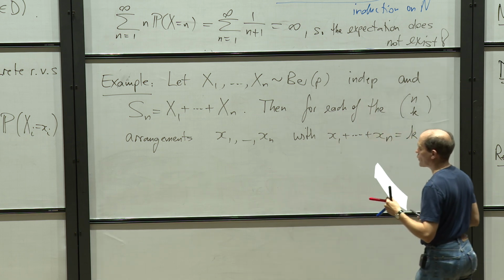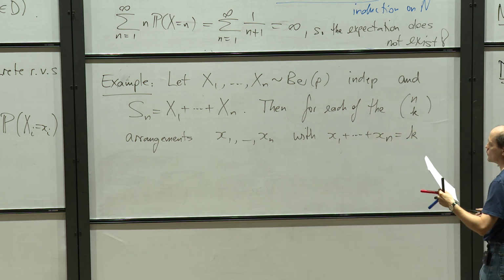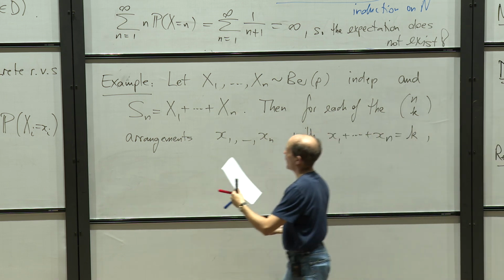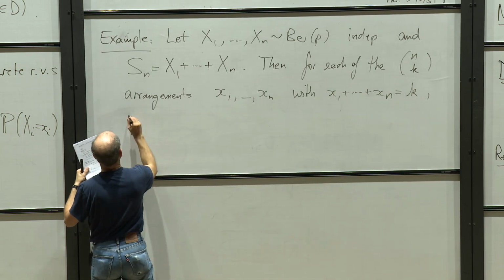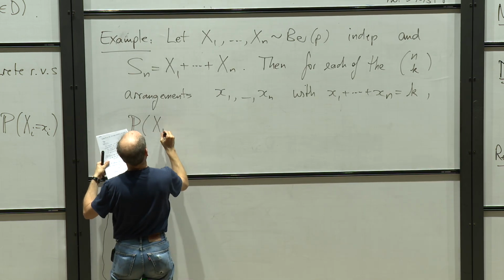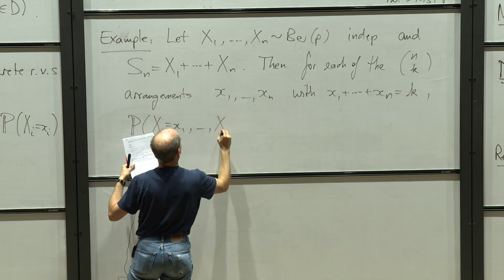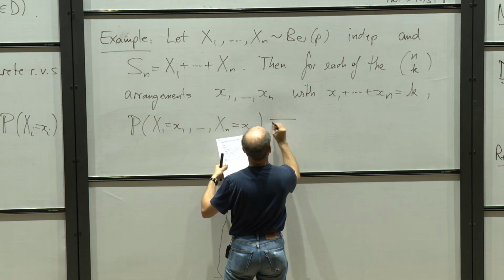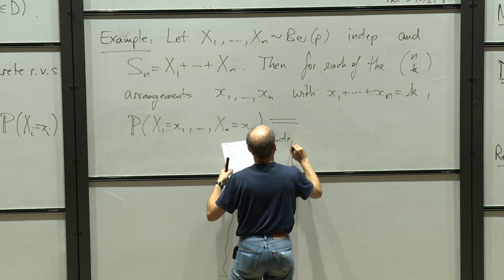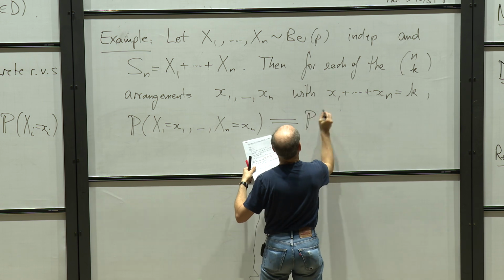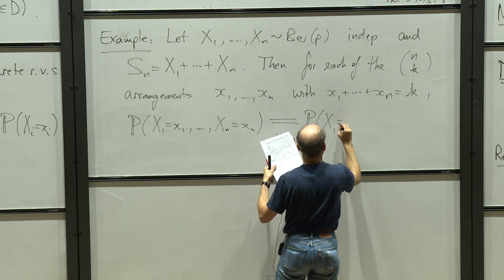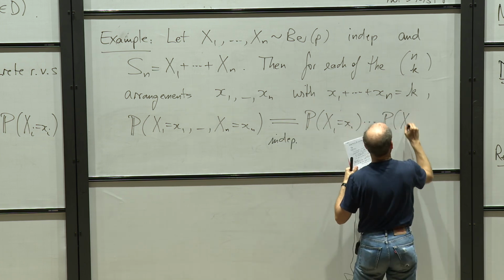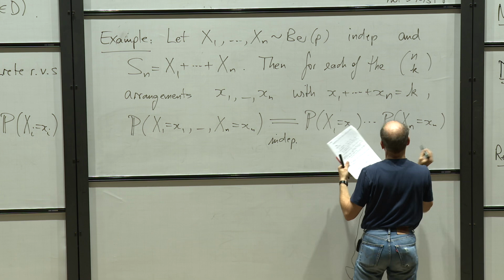So for each choice of possible values, zeros and 1, that add up to k, we can work out what the probability is of x1 being equal to little x1 up to xn being equal to little xn. And using independence, we can write this as the product of probabilities that x1 is equal to little x1, all multiplied up until xn equal to little xn.